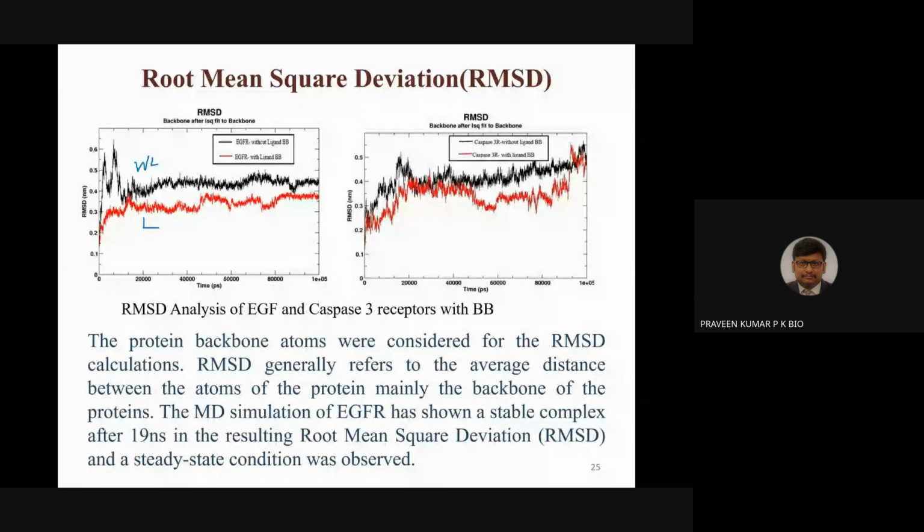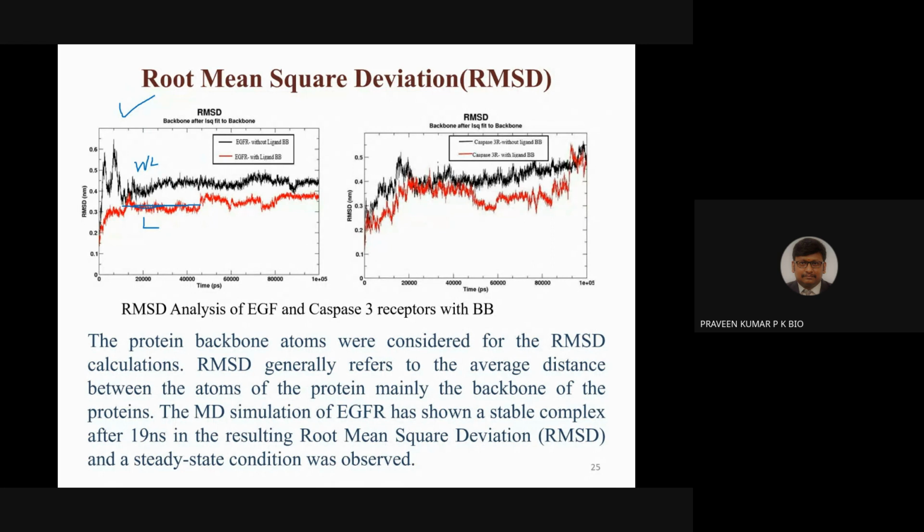Actually, if the value you get for the ligand-receptor complex is low compared to without ligand, your result is good. But if this black line is lying below the red, I can't tell that your ligand is binding well with the receptor. If the black is below, I can tell the ligand is not binding well with the receptor.